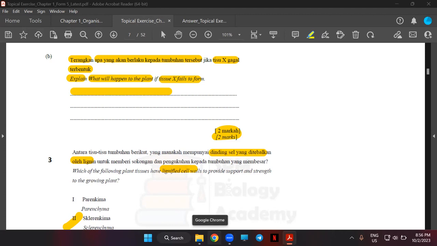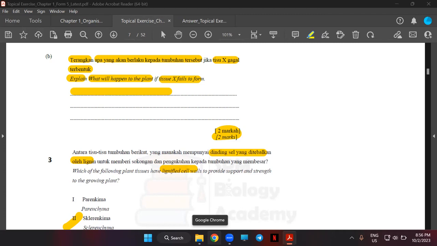First of all. Tapi kalau soalan kata macam ni, okay, apa berlaku jika tissue X fail to function? Kalau dia kata tissue X fail to function, then you can write that. Vascular cambium will not be able to divide. Tapi di sini dia kata tissue X fail to form. Tissue X tak ada langsung.